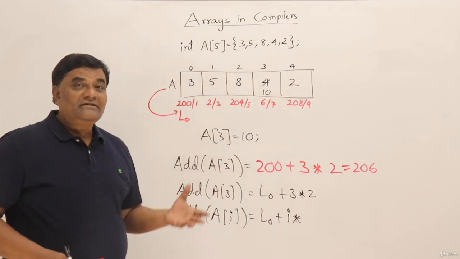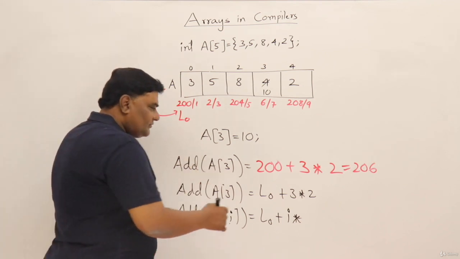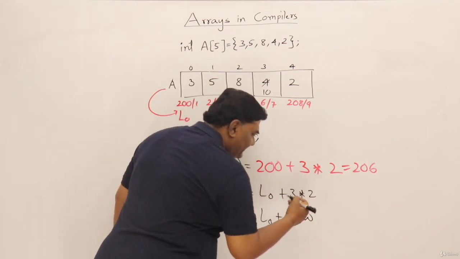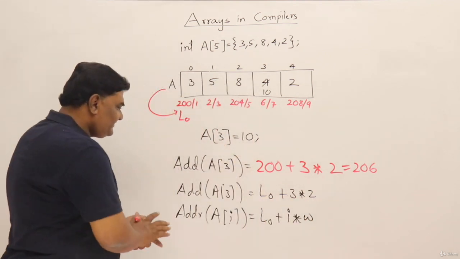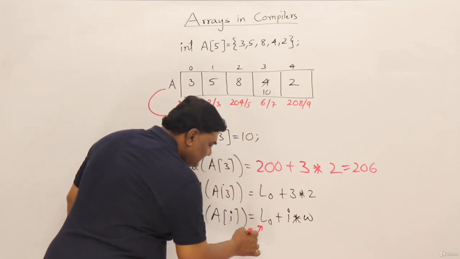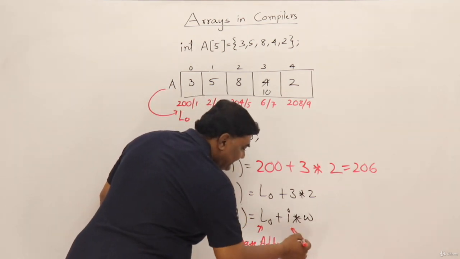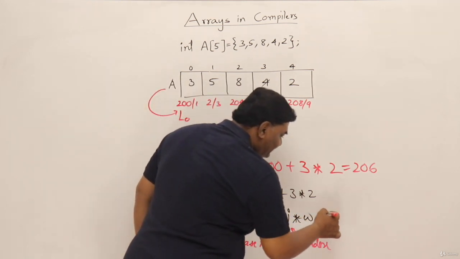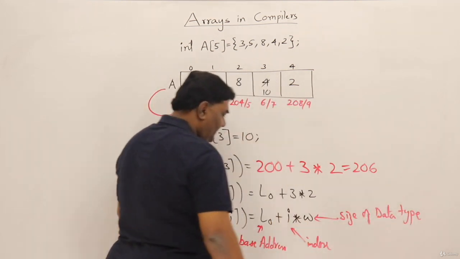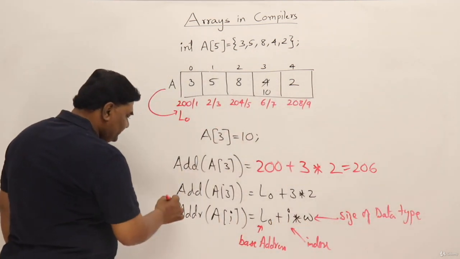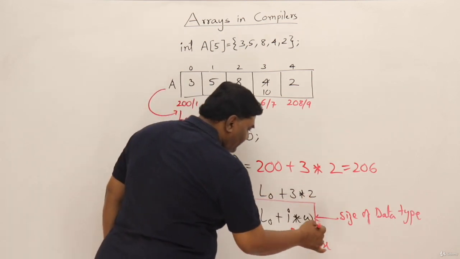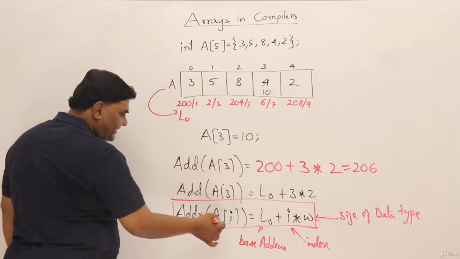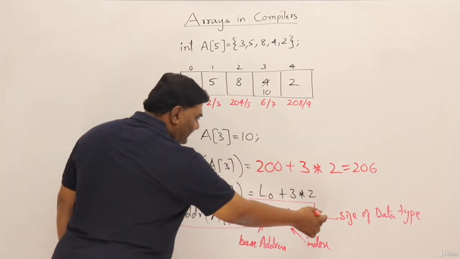So I have to take the size of the data type, and we use a variable W. So this is the base address, this is the index, and this is the size of the data type. This is the formula used by the compiler for converting any index to an address.